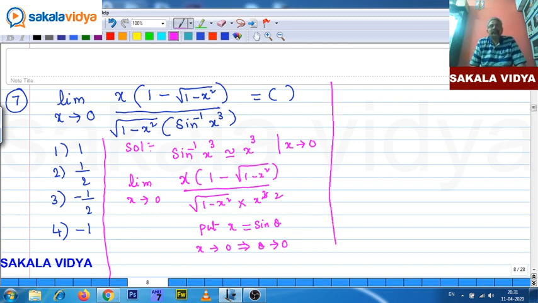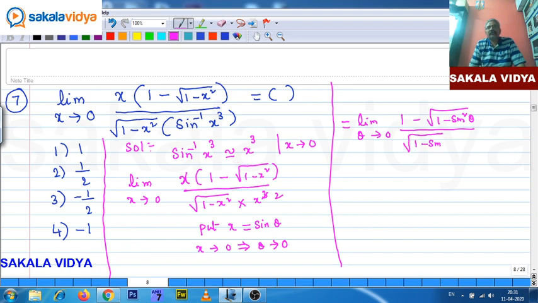So this we can write like this now: limit theta tends to 0, 1 minus root of 1 minus sine square theta upon root of 1 minus sine square theta into x square, which means sine square theta. Root of 1 minus sine square theta is root of cos square theta, which is cos theta. This is cos theta into sine square theta.